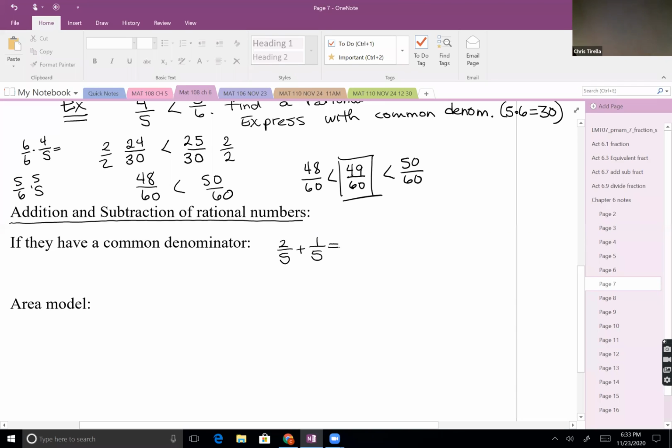If they have a common denominator, how do I add those fractions? Can anybody remember? Just add the numerators and keep the denominator.